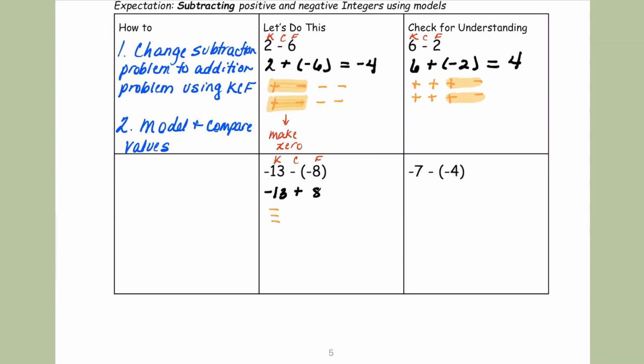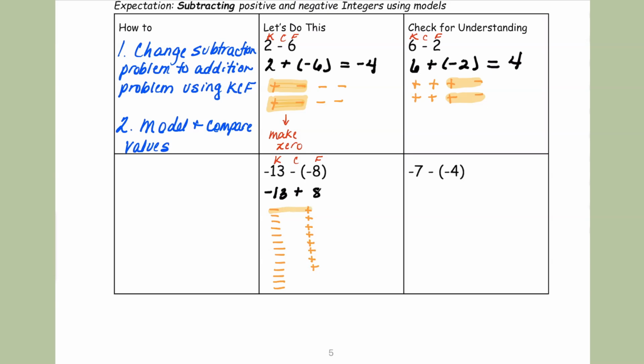Now let's draw it out. We're going to draw 13 negatives. So here I have 7, 8, 9, 10, 11, 12, 13. And then I'm going to draw 8 positives. So 3, 4, 5, 6, 7, 8 positives. Now the same rules apply here.